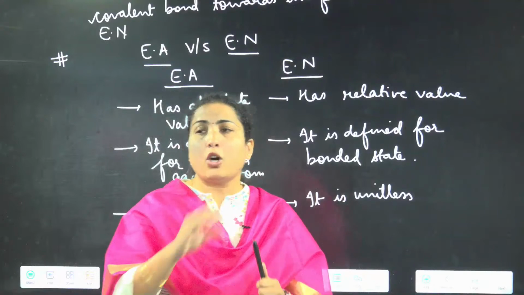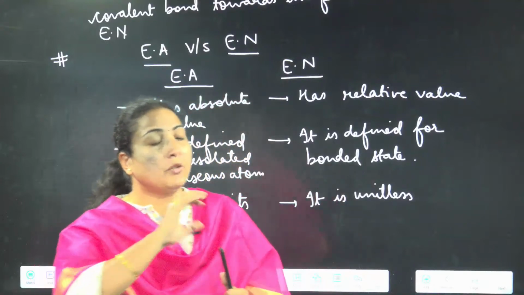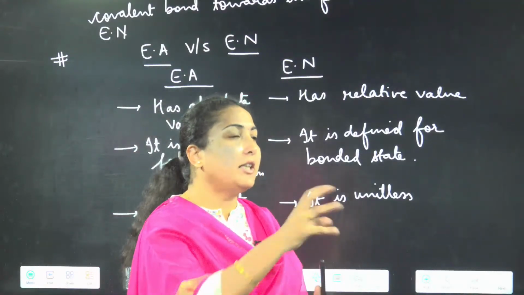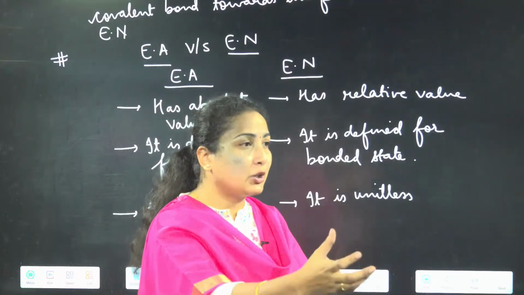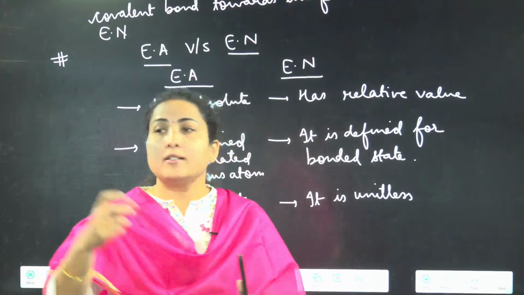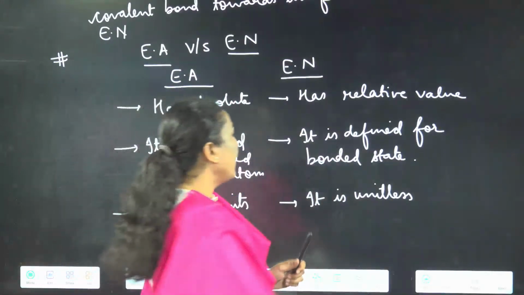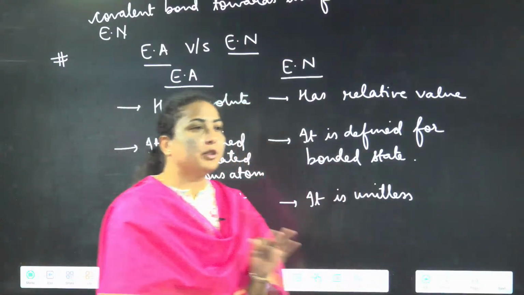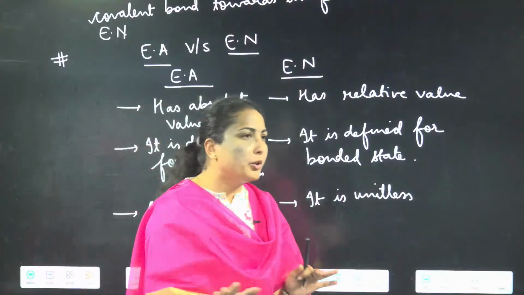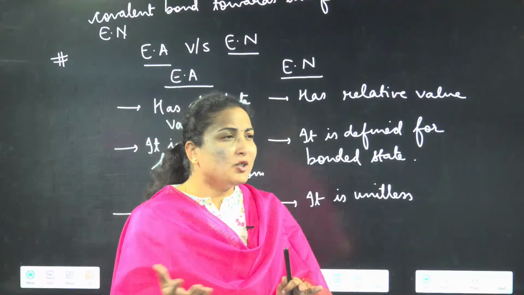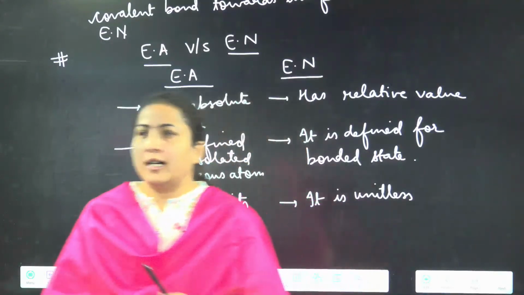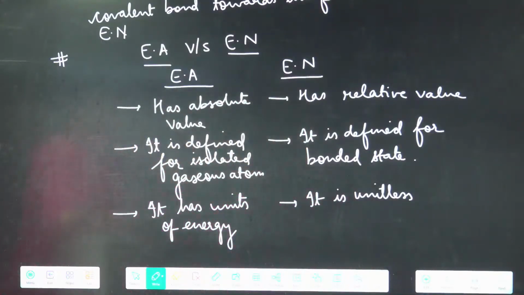And relative, it all depends on which particular element that element, whose electronegativity I am talking about, is attached or bonded to. So it is a relative value. Now, definitely it is only defined for the bonded state and definitely you are not going to see any unit for it because it is just a tendency. So tendencies don't have any unit. Okay. I hope it is clear. Please make a note of it.